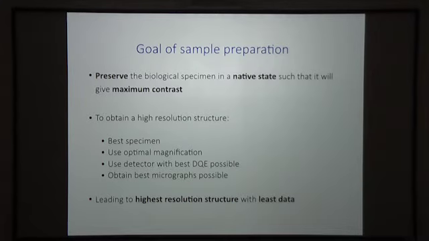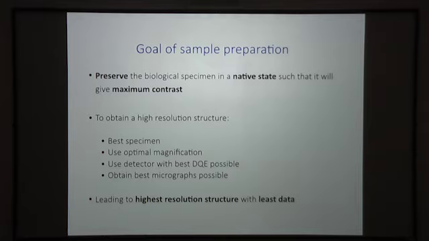We want to use a detector with the best DQE possible to obtain the best micrograph possible. And then this will lead to the highest resolution structure with the least data. Now, we can often compensate for bad specimens by collecting more data, but we can all be more productive if we really optimize all aspects of specimen preparation and data collection.